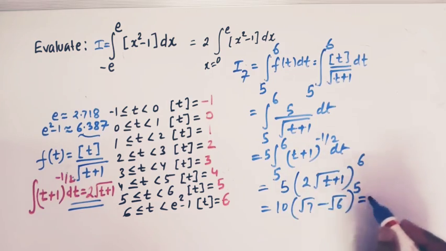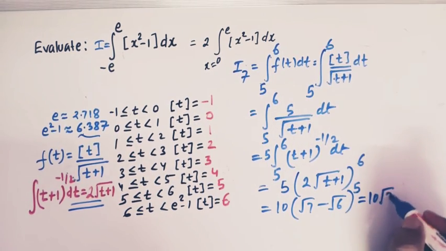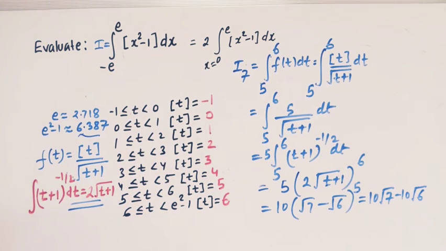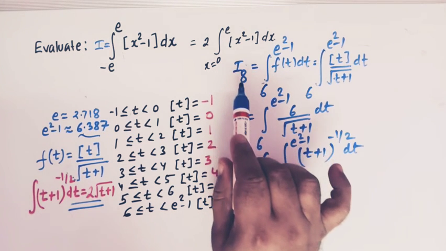So the value of I7 is equal to 10 times square root of 7 minus 10 times square root of 6. So viewers, let us find out the value of the last integral, that is I8.